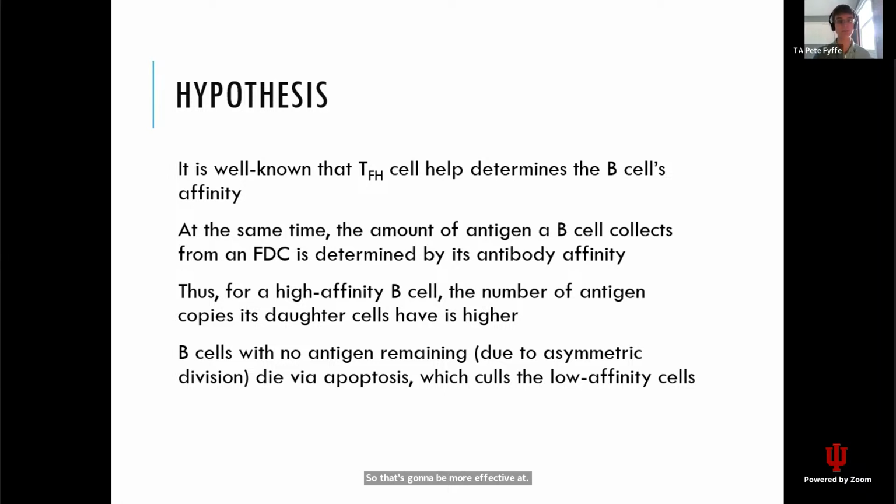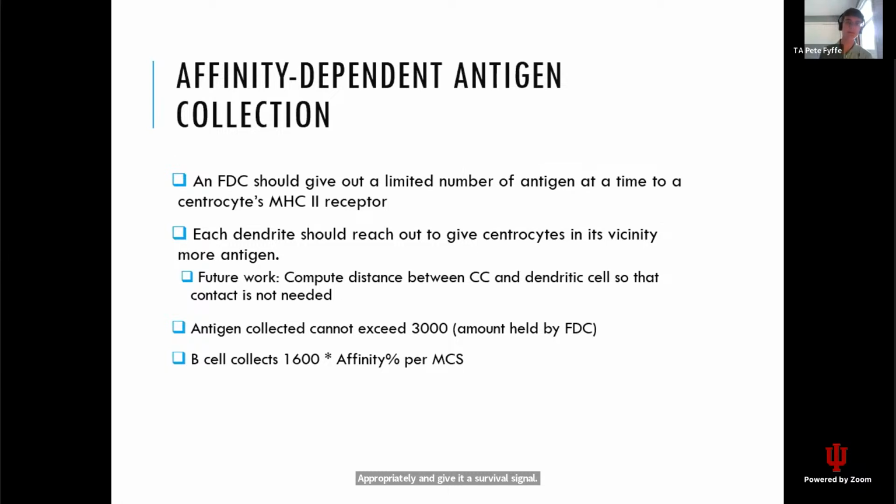And when it comes back to the T cells to be graded again, the T cell is going to judge it appropriately and give it a survival signal. So I incorporated this hypothesis into my algorithm that I call affinity-dependent antigen collection.